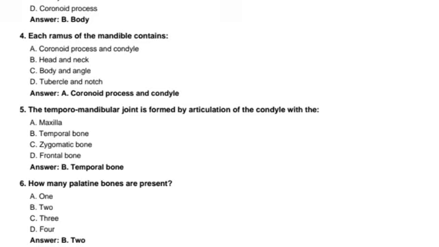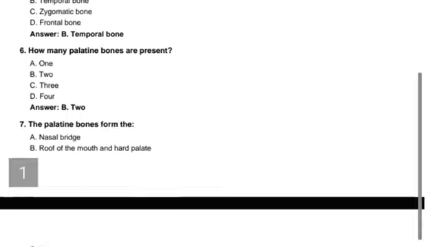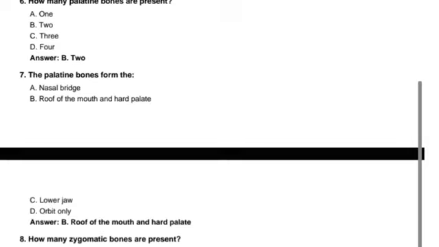Question number 6. How many palatine bones are present? Option A 1, option B 2, option C 3, option D 4. The right answer is option B 2. Question number 7. The palatine bones form the option A nasal bridge, option B roof of the mouth and hard palate, option C lower jaw, option D orbit.